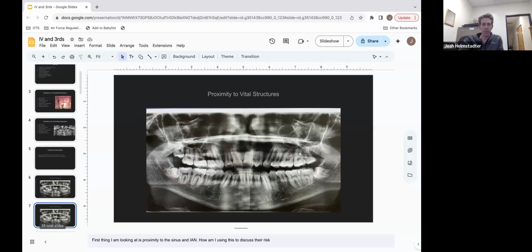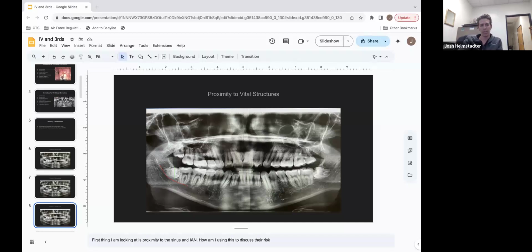So for this instance, if you look at number 32, this case is comfortable for me. There's the IAN, the superior border of it is outlined in red, and where I need to cut to is that green line. There's still a good 1-2 millimeters, but I'm usually not cutting all the way through that tooth.